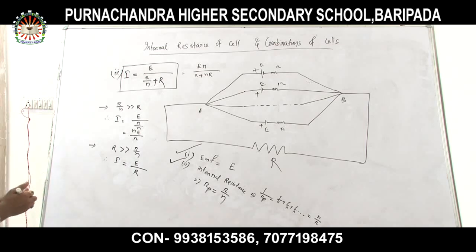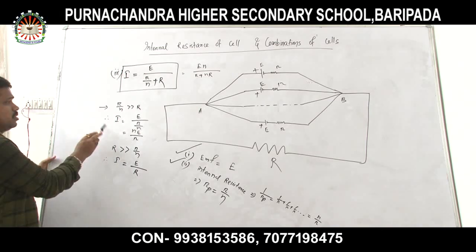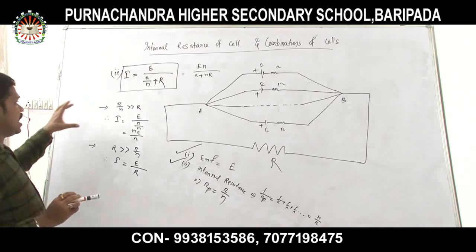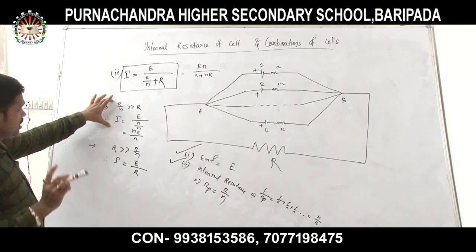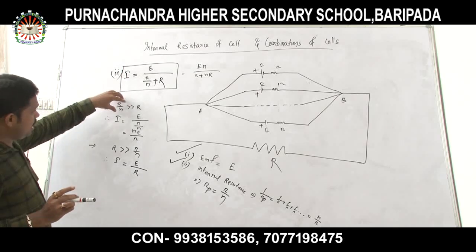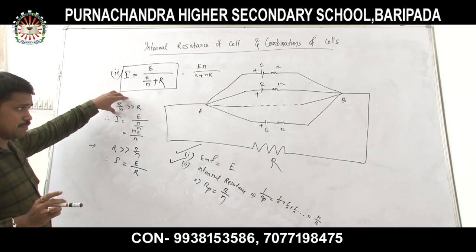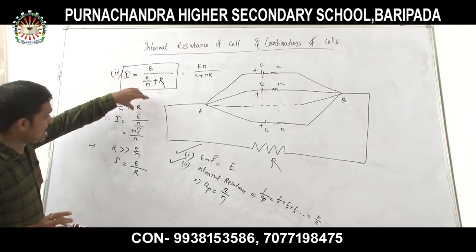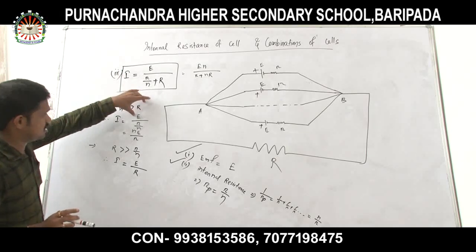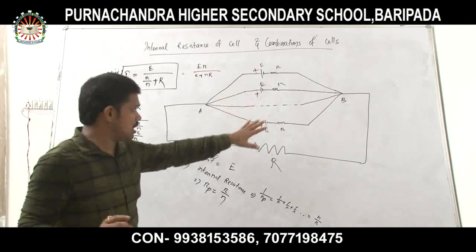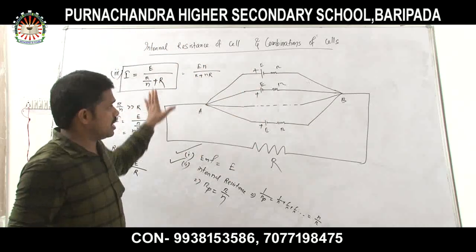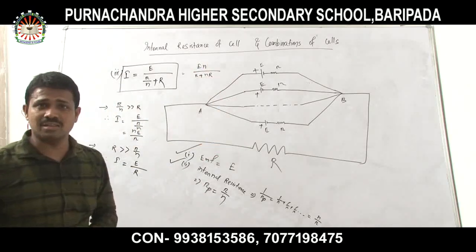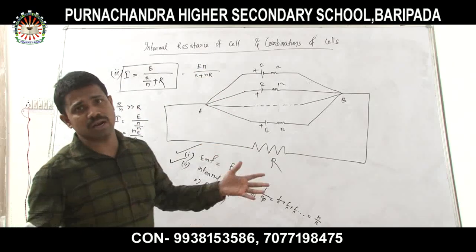Look very carefully. If the net internal resistance is greater than the external resistance, then all the cells are connected in parallel to get the maximum current.